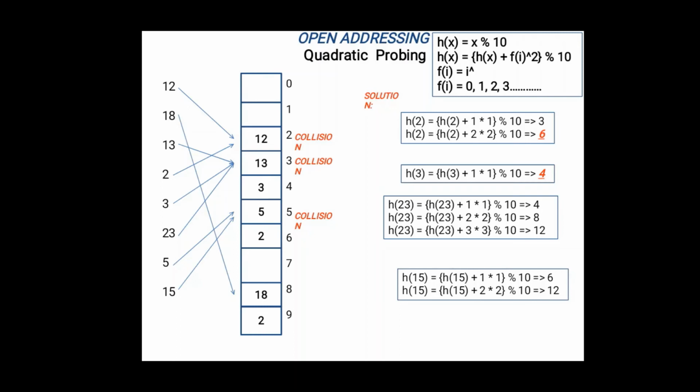So since index 6 is present there, we need to search again. So h of 15 is equal to (15 plus 2 times 2) mod 10, which is equal to 12. Since it's the same scenario as with the key 23, it is better to ignore that one.